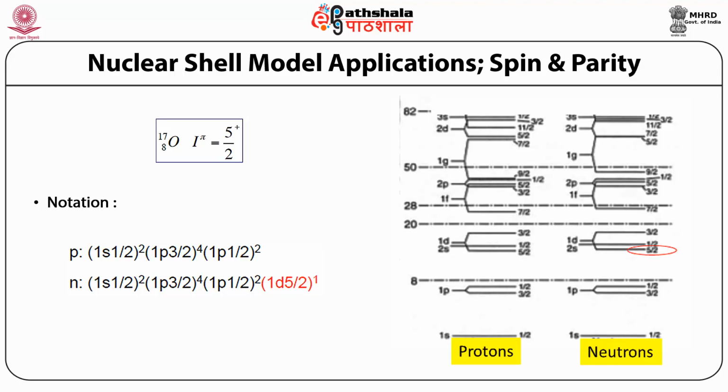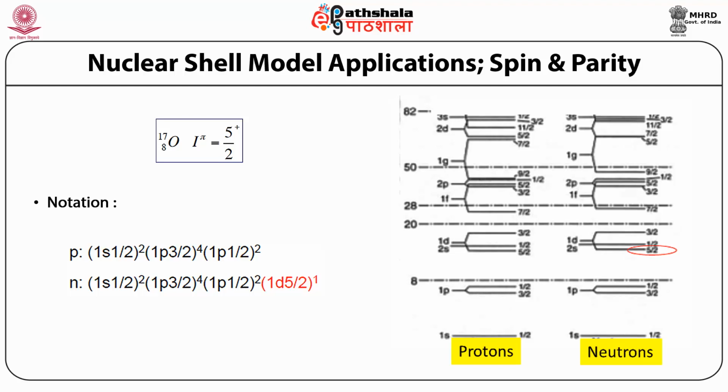In the picture we can see that the ninth neutron will occupy the d 5 by 2 state because it is lower in energy as compared to the 2s state. Therefore, the ground state spin of this nucleus is 5 by 2, and since d is positive, parity is positive. So I pi is equal to 5 by 2 plus.